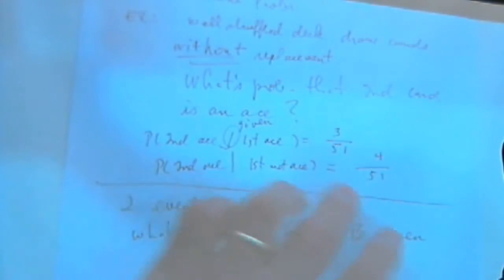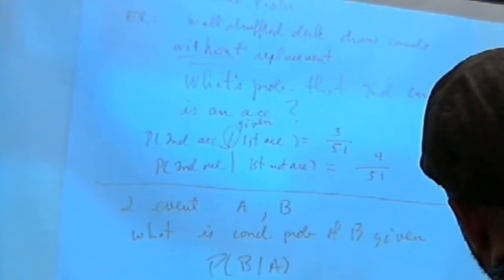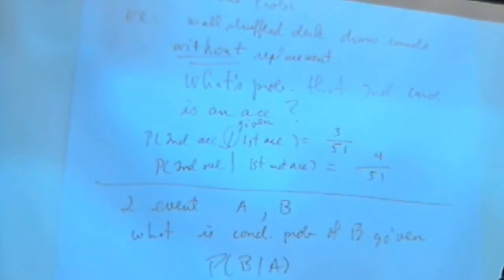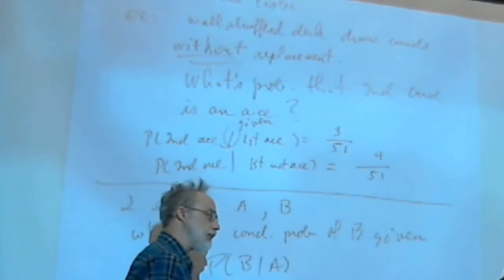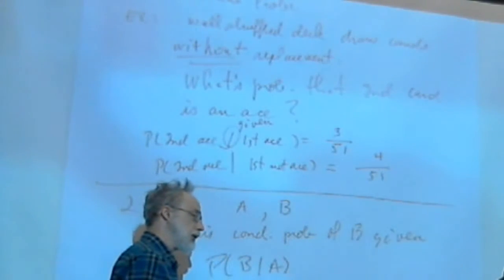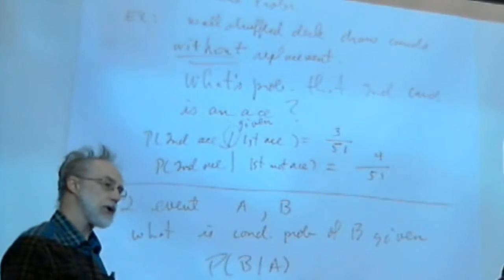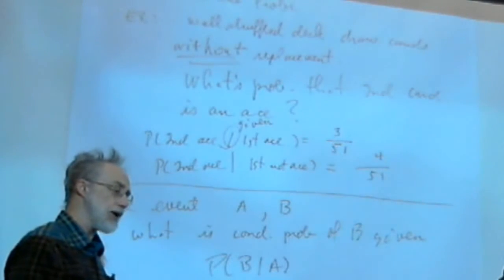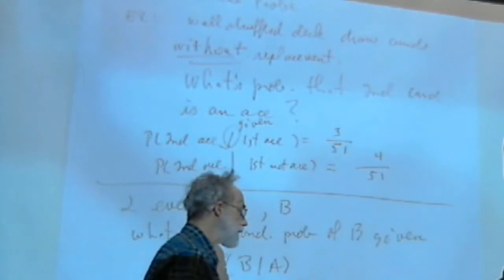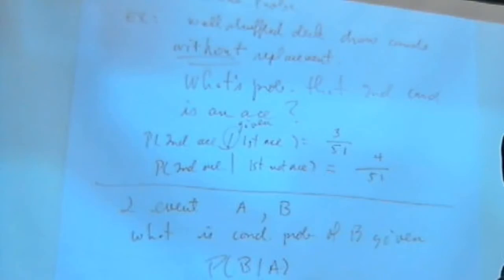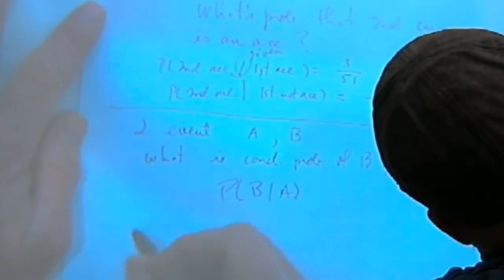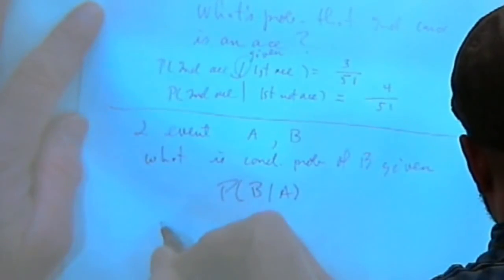Again, in this problem these things are easy to get, but how about in general? And why am I even thinking about this? Well, I claim that if A and B are independent, then the probability of B given A should just be the probability of B. Knowledge of A does not change the prediction of B. That's independence.